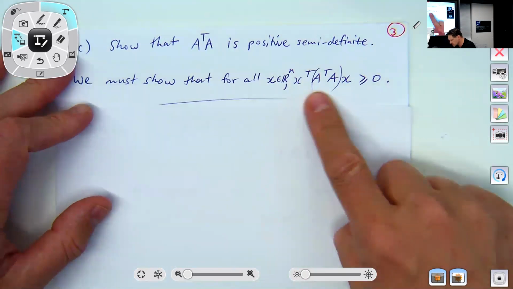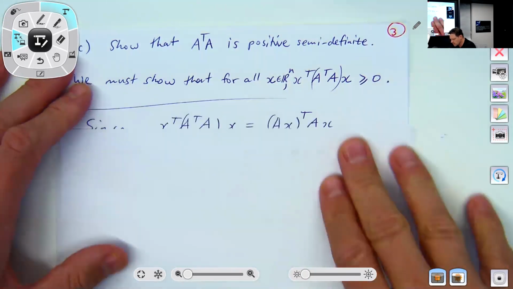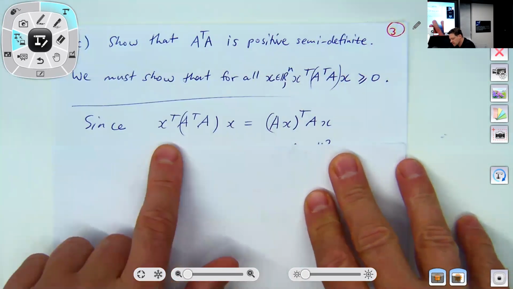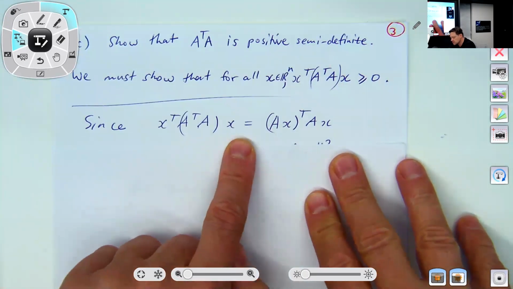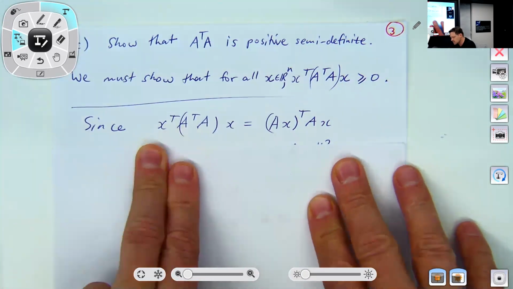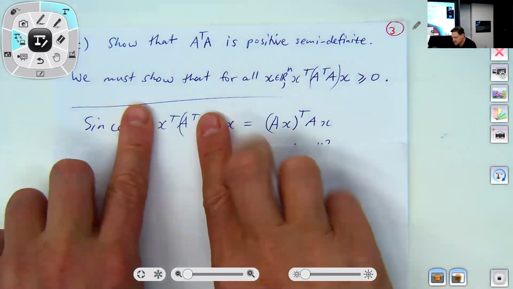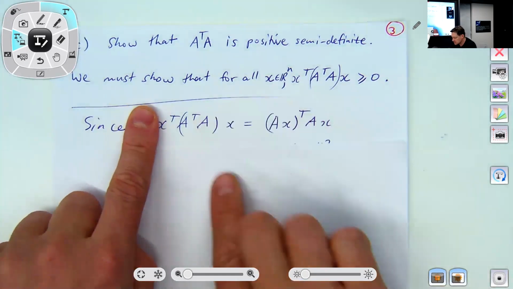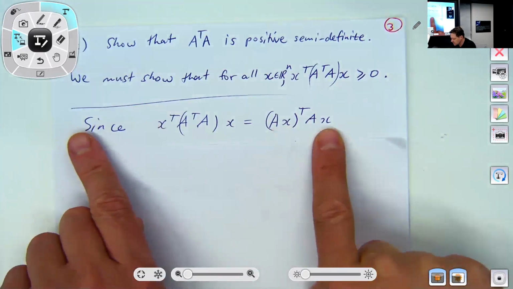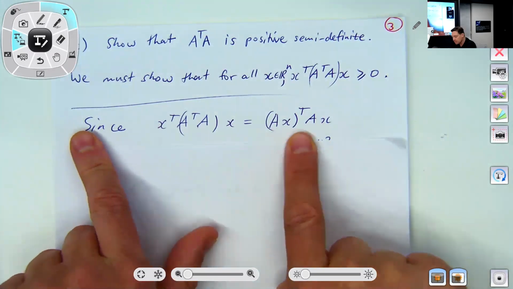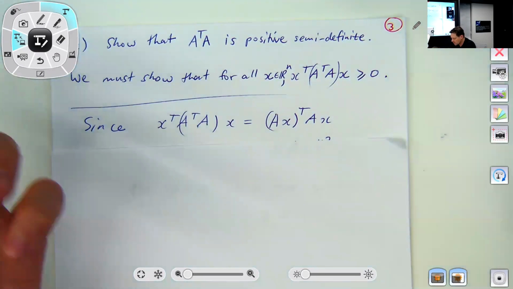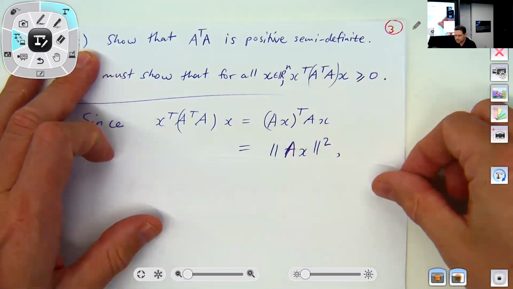Okay, so we begin with this expression here and look at it in a different way. Okay, so we've got X transpose A transpose A X, and then we move the brackets over because we've got associativity of multiplication, and then we observe that this X transpose A transpose is AX transposed. And so here we've got an AX, here we've got an AX, this one has a transpose on it, but we now need to observe that this is the norm squared of AX.